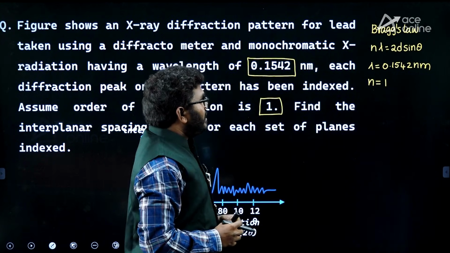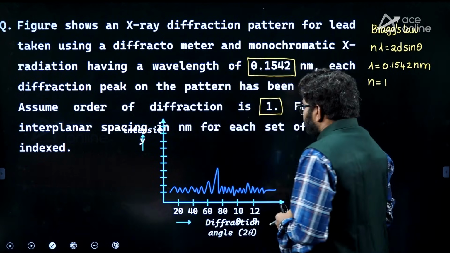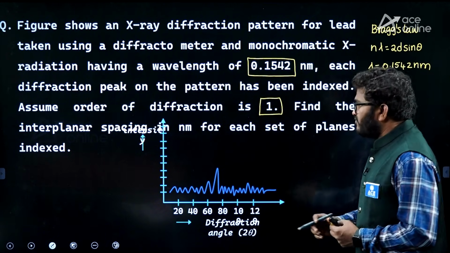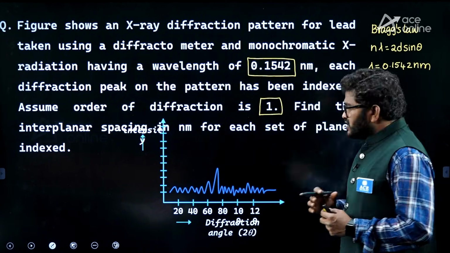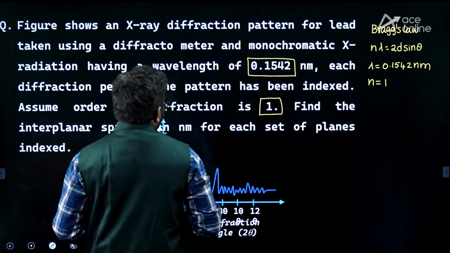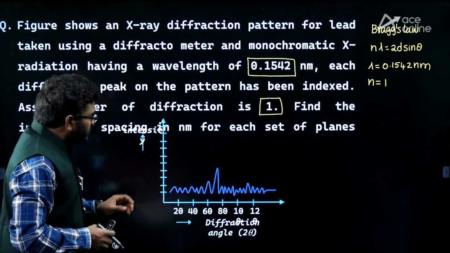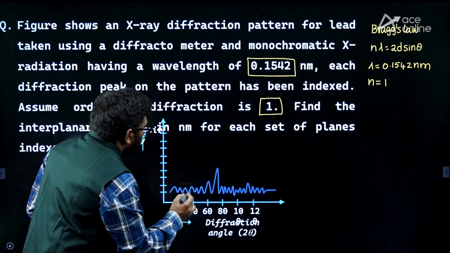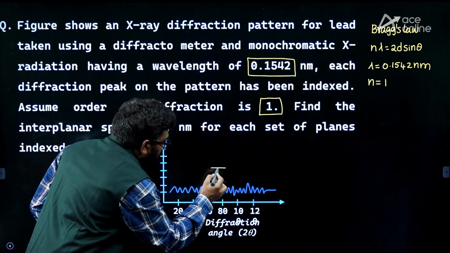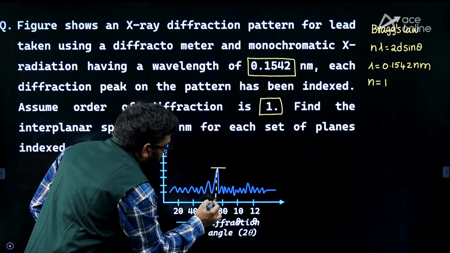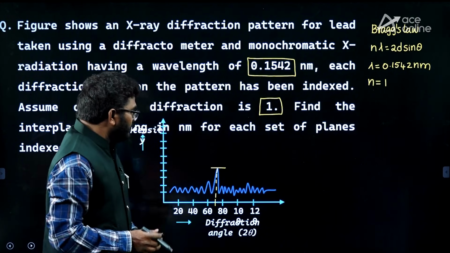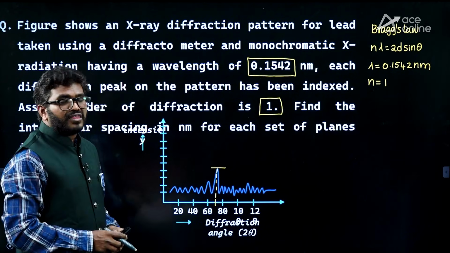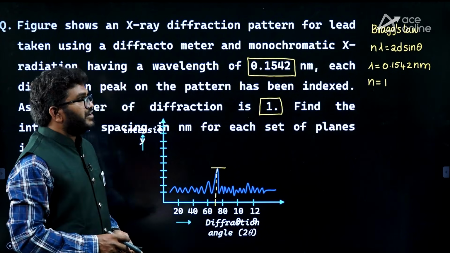The diffraction angle is not directly given, but from the graph it is given. How to choose this diffraction angle is very important. In this wave formation, there is a maximum peak wave, and we should consider that as the diffraction angle. So here I will consider the diffraction angle is 70 degrees.